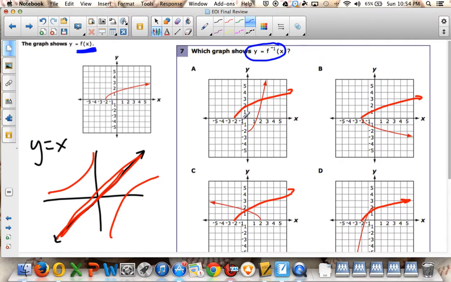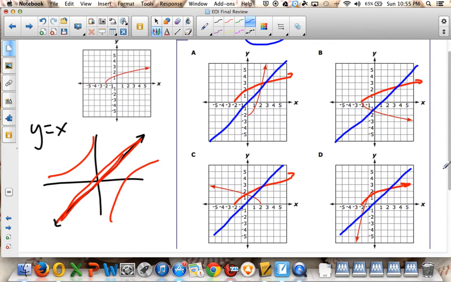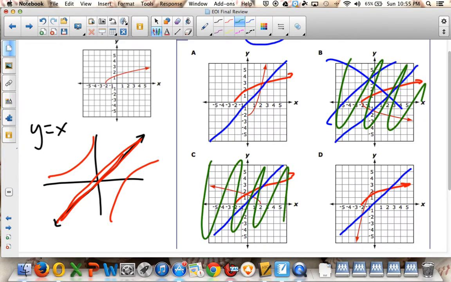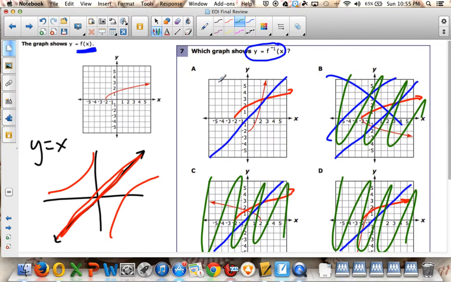And I want to find where it looks like it is symmetric about the y equals x line. Okay? Well, it really doesn't look symmetric here at B. It doesn't look symmetric here at C. It really doesn't even look symmetric at D. But it does look symmetric here at A. And I know my function is off just a little bit, but that's exactly where it's supposed to hit.